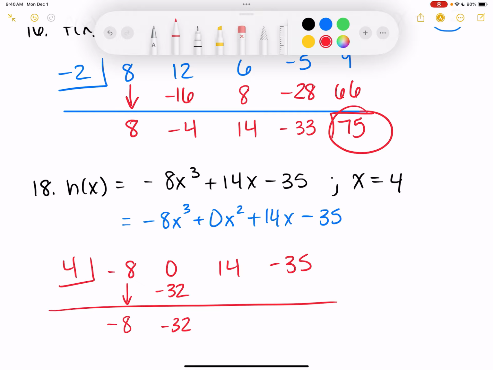Times 4 is negative 128, plus 14 is negative 114. Times 4 is negative 456. Yep, and it's negative. And then minus 35, so then we just add the numbers because they have the same sign. So negative 491. Wow. That's a great number.